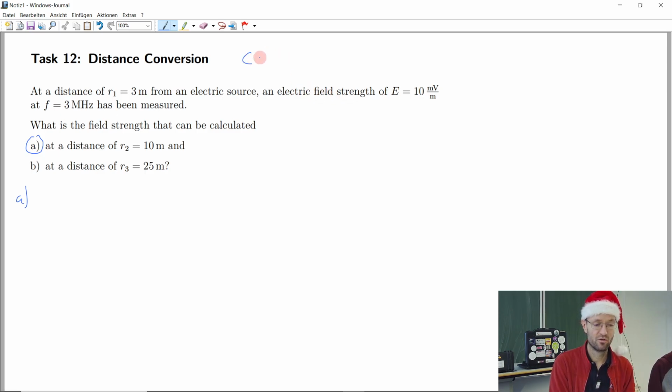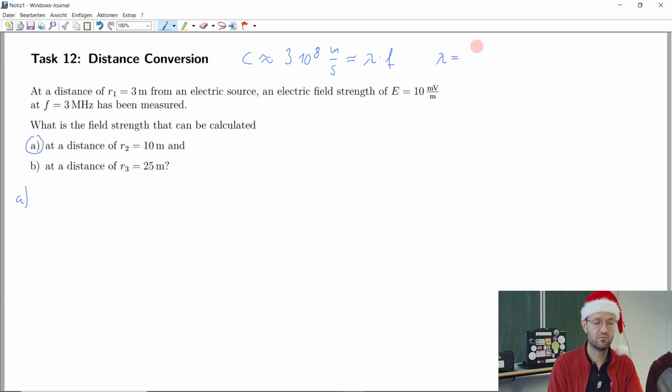So velocity of light is approximately, how fast is light? 3 times 10 to the power of 8 meter per second. And this velocity of light also corresponds to wavelength times frequency. So if we have the velocity of light and the frequency, we can calculate lambda, our wavelength.